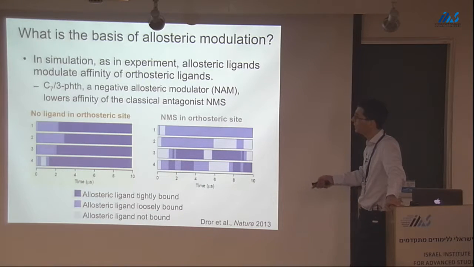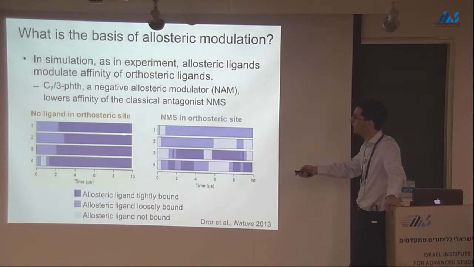When there's no ligand in the orthosteric site, C7 binds reproducibly, goes to its canonical bound pose, and stays there. Each of these bars represents one simulation, and the color coding denotes the extent to which the allosteric ligand, C7, is bound at each point in time. The dark blue represents binding in the canonical pose.